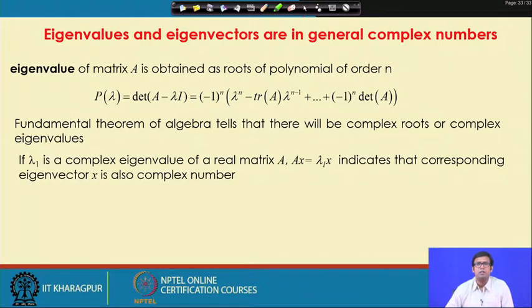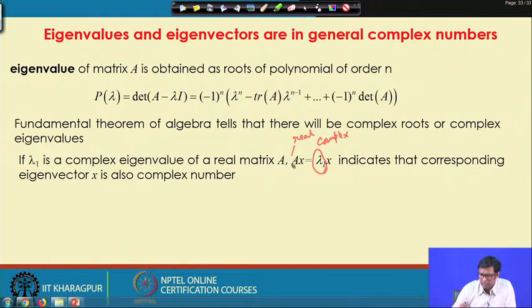If lambda 1 is a complex eigenvalue of a real matrix A, so lambda 1 has an imaginary part, let us assume Ax is equal to lambda x, and x is the corresponding eigenvector. Lambda 1 is complex, A is real.